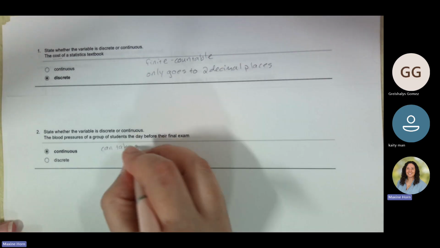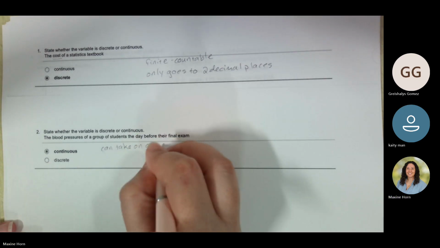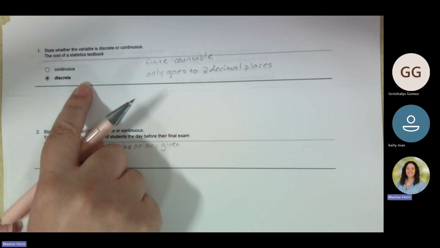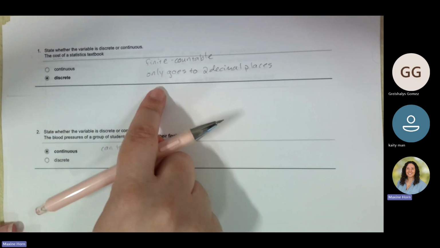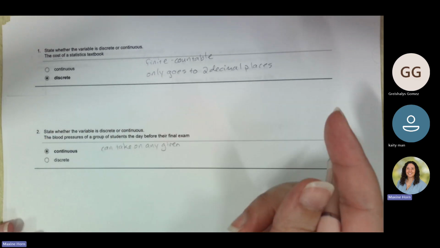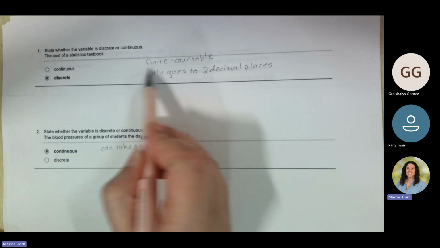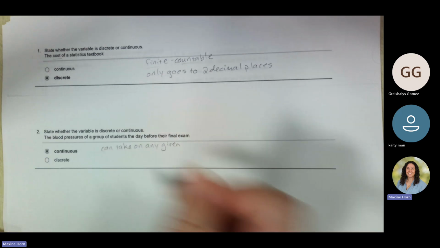So think of a range of things on a number line. For the cost, I can't have a half of a cent or 0.3 of a cent. It is finite, countable. So that's what makes it discrete.